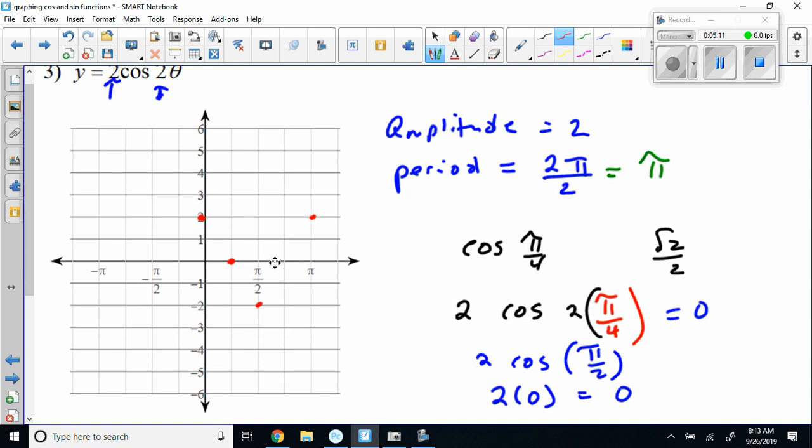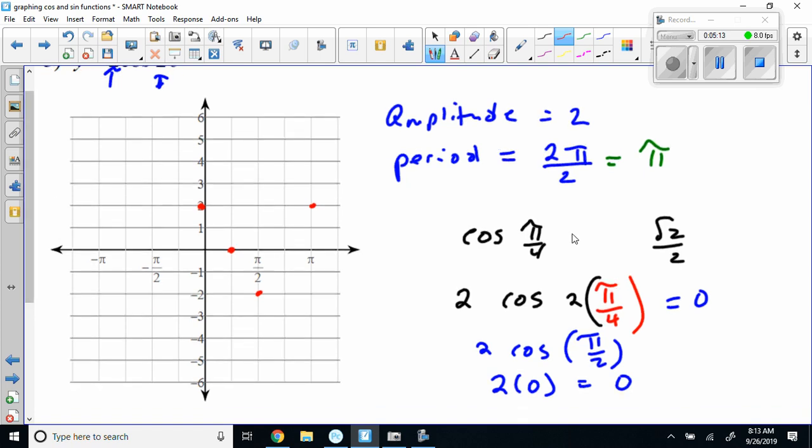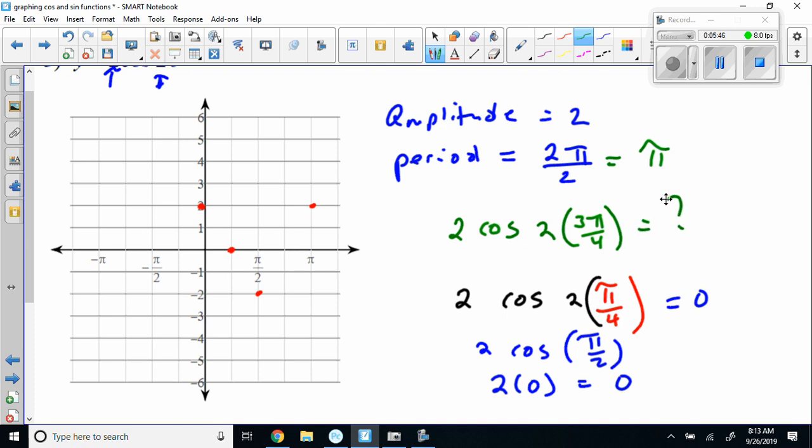Now, let's do the next one. It'd be 2 times cosine of 2 times 3 pi over 4, right? And this x value is 3 pi over 4. Okay. What does it equal?